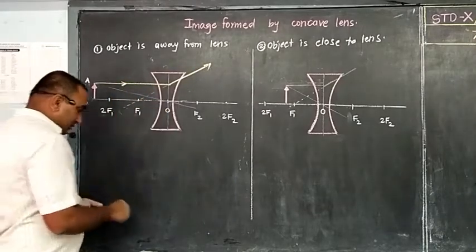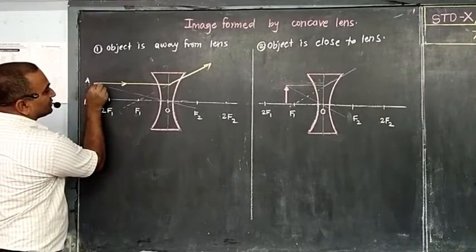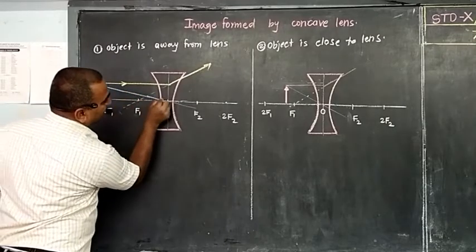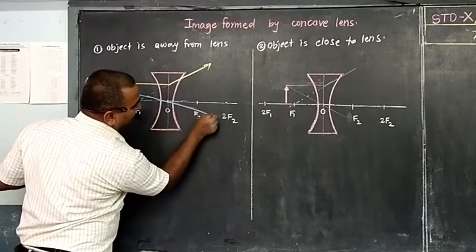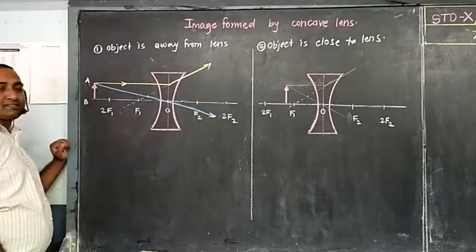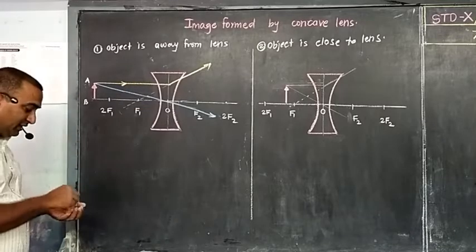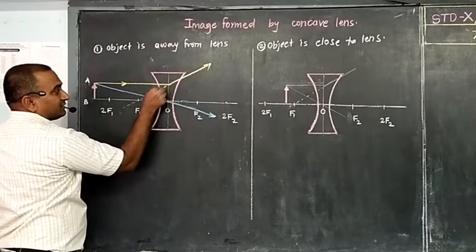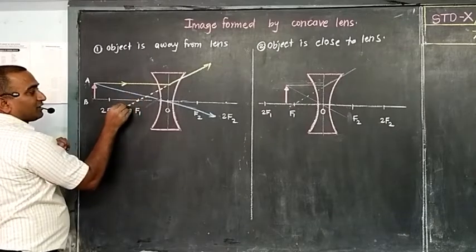And the next ray, which is coming from the top position, enters the optical center. As it is passing through the optical center, it will pass without any deviation. So both rays are not actually meeting. But if we extend this ray backward, it will pass through the focus.